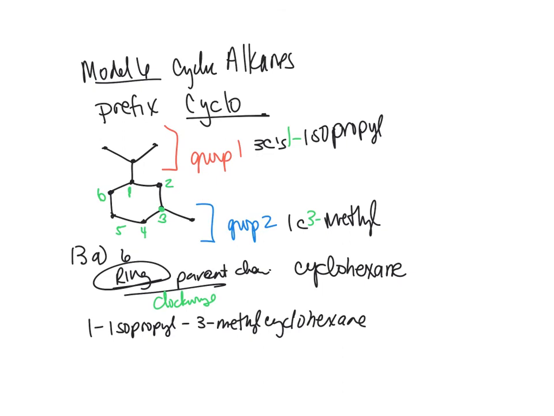Now, some places wouldn't put the 1. Okay, the way I grade your compounds is if you give me a name and I can draw it correctly, then it's correct. Okay? Okay, so for the following compounds, we're on 15.